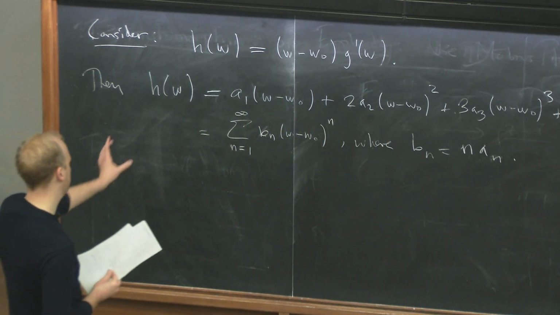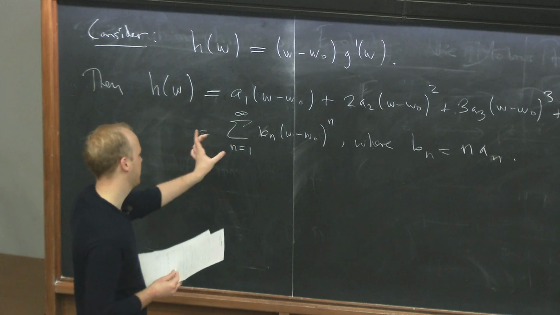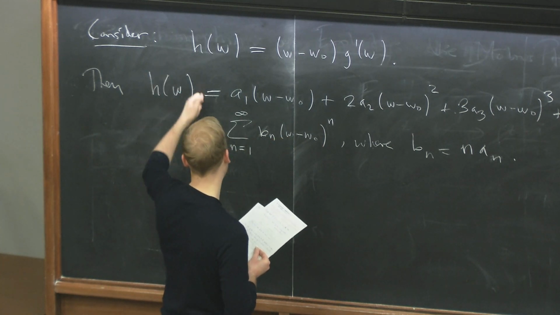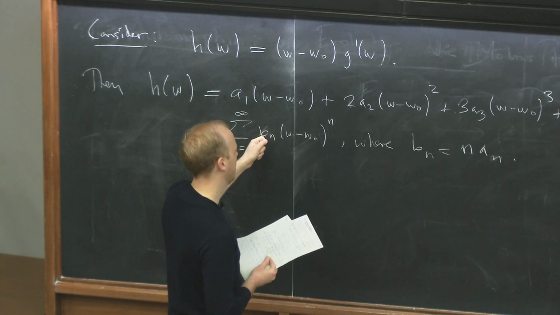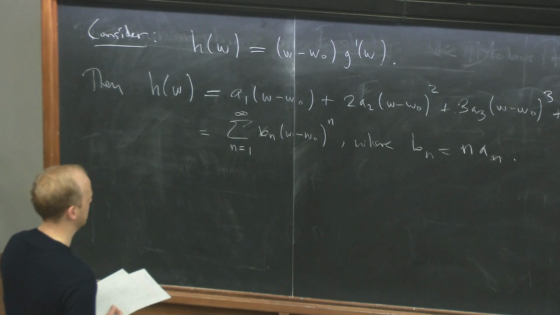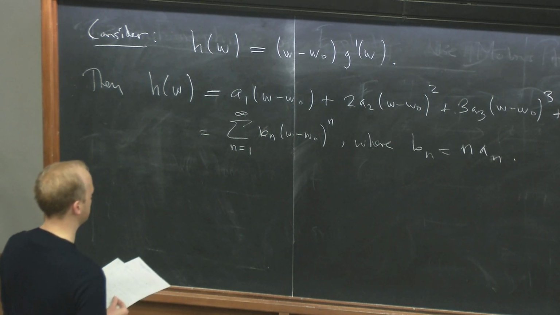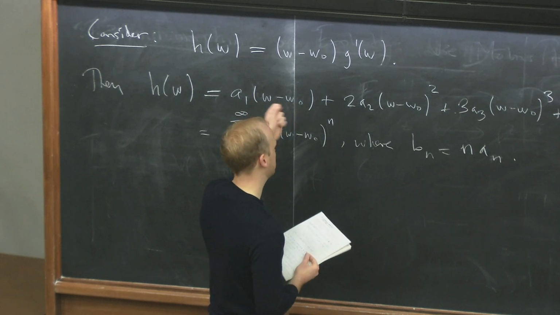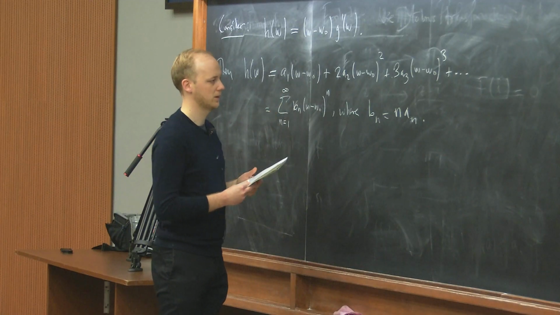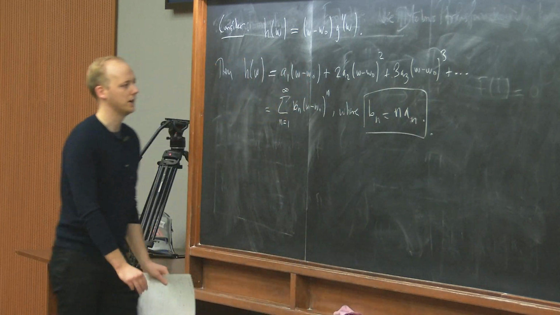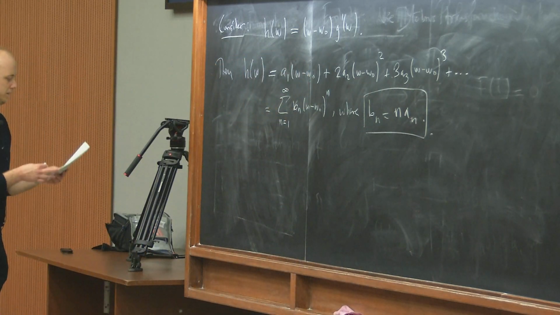So if I just work now with this h, and I write it as a power series expansion, and if I can determine the coefficients in the expansion of h, then I will get the coefficients also of the original function that I was interested in, namely the coefficients of g itself. Okay? Just by dividing by n the coefficients that I find.